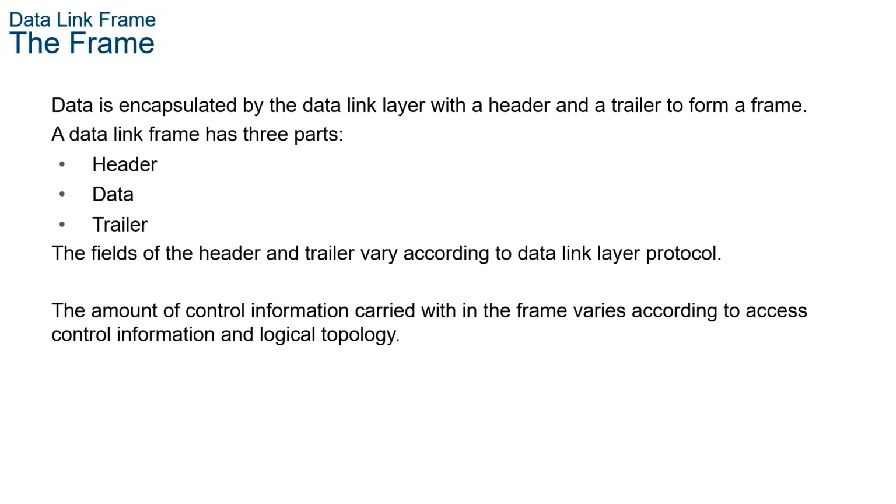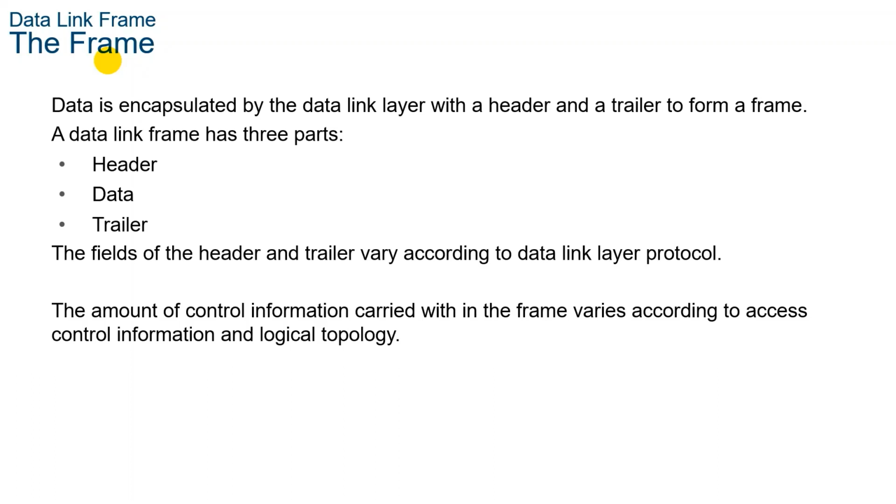The data link layer prepares the encapsulated data, usually an IPv4 or IPv6 packet, for transport across the local media by encapsulating it with a header and a trailer to create a frame.